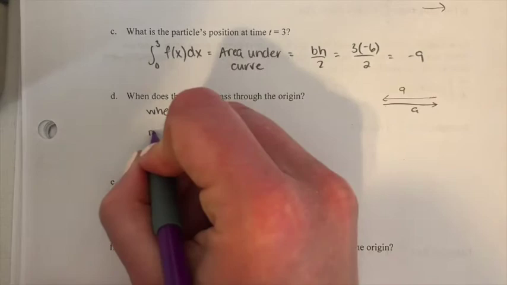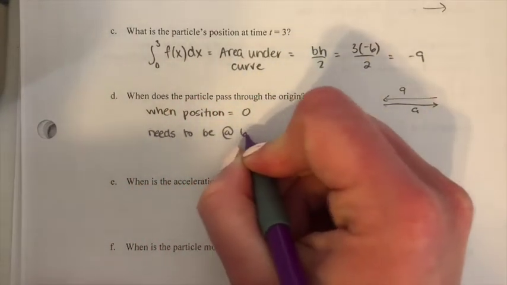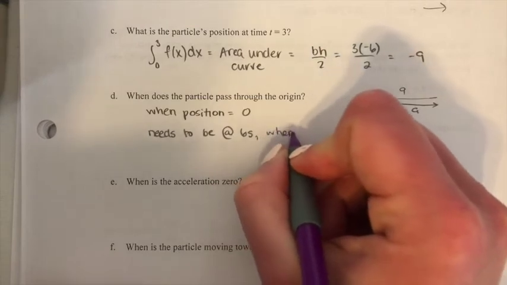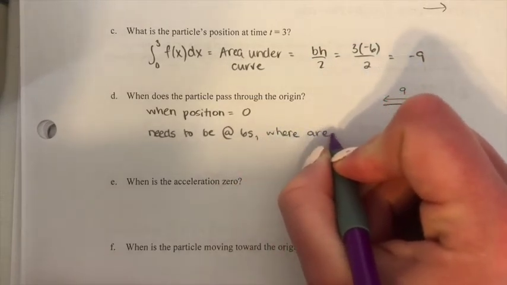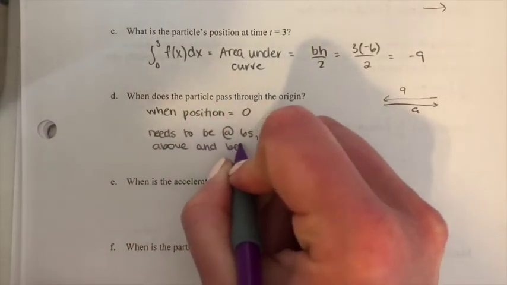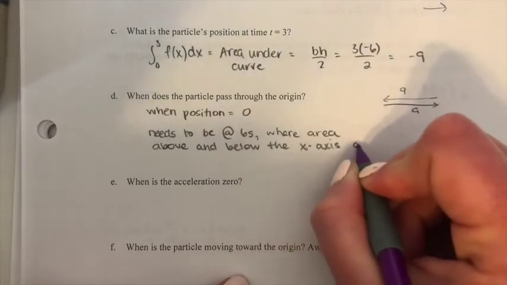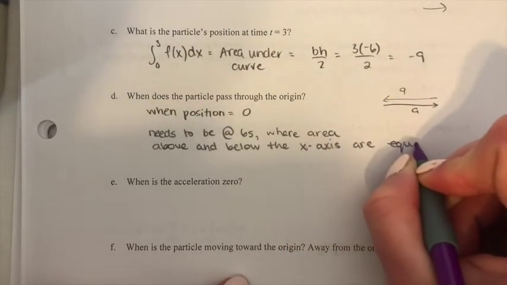So it needs to be at 6 seconds, where the area above and below the x-axis are equal.